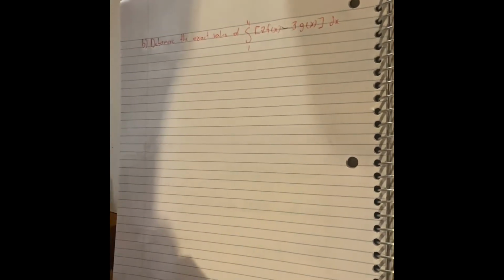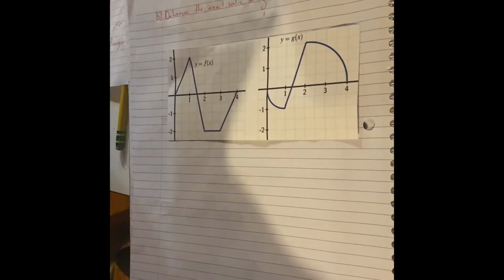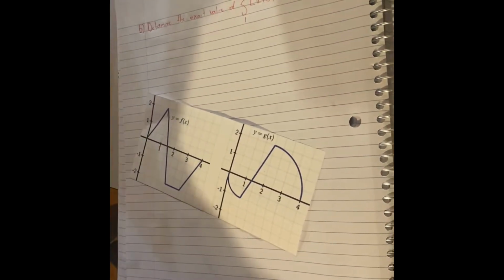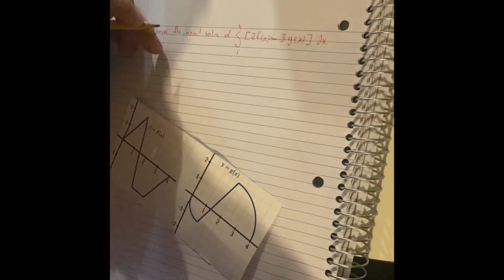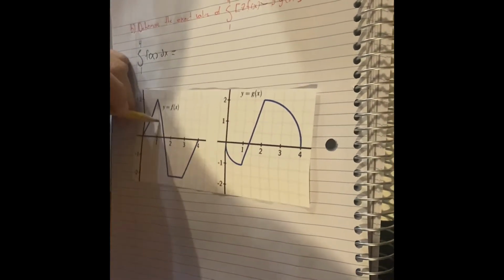So what we're gonna do first is obviously find the area of f of x from 1 to 4, which is from here to here. So let me write it down. We're gonna find first the area, which is the integral from 1 to 4 of f of x dx.